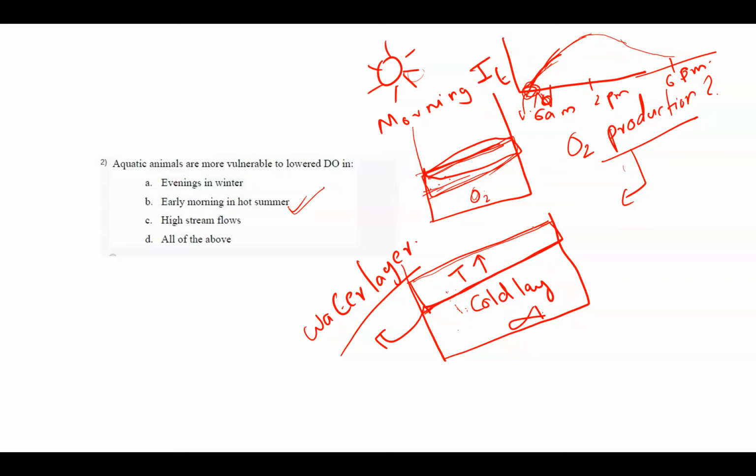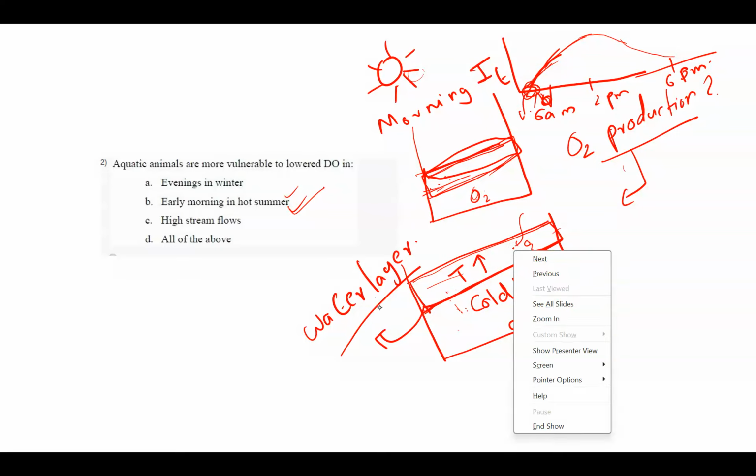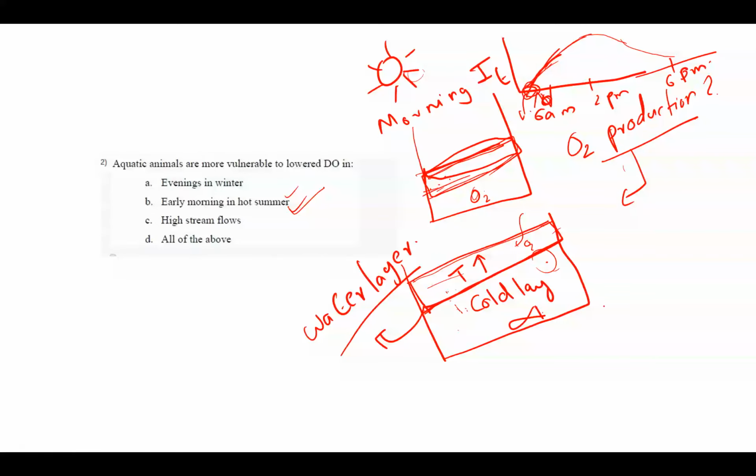So even if the top layer has a little bit of oxygen, the mixing doesn't happen, so the oxygen is not properly dissolved in the cold layer just below this hot layer. So for all these reasons, in the hot summer, the oxygen availability in the top layer will be less because of this water stratification. The oxygen reaching the cold layer will also be less.